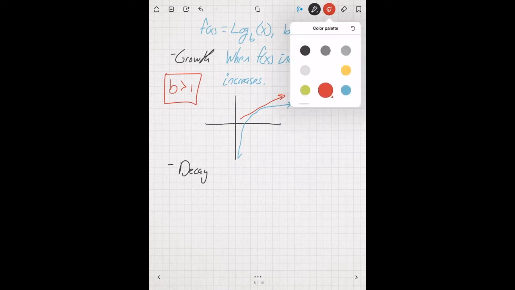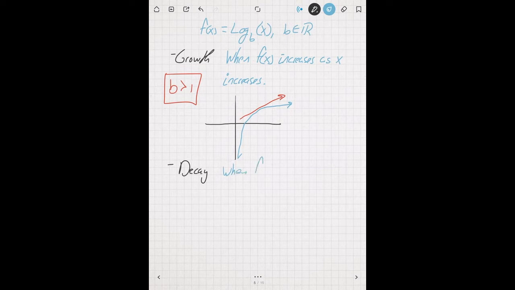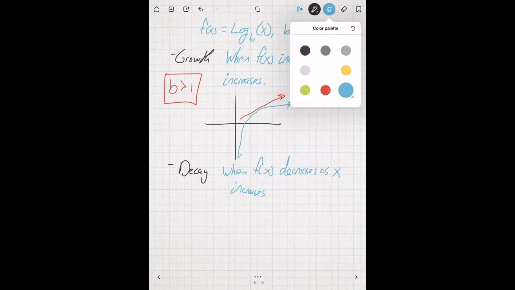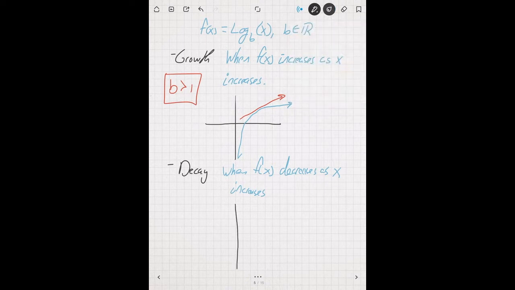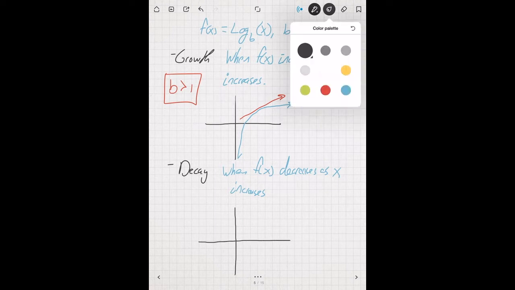Now decay was the opposite. Decay occurs when f of x decreases as x increases. You might say they have an indirect relationship. So let's get a little sketch of the graph here. This one will have a different shape, but again, something that we're going to have to get used to. This shape is one where it's almost like we inverted the graph.